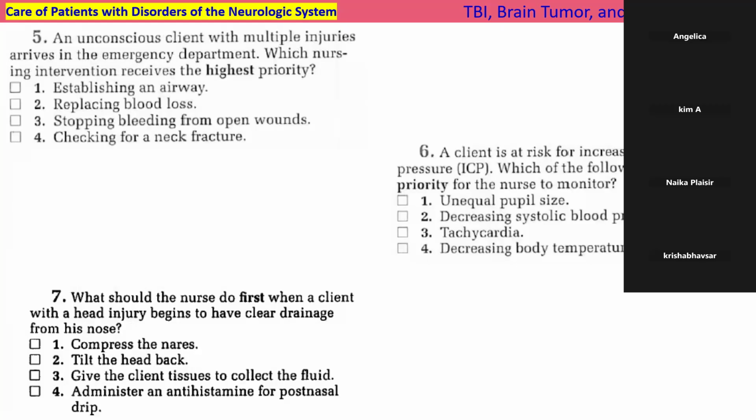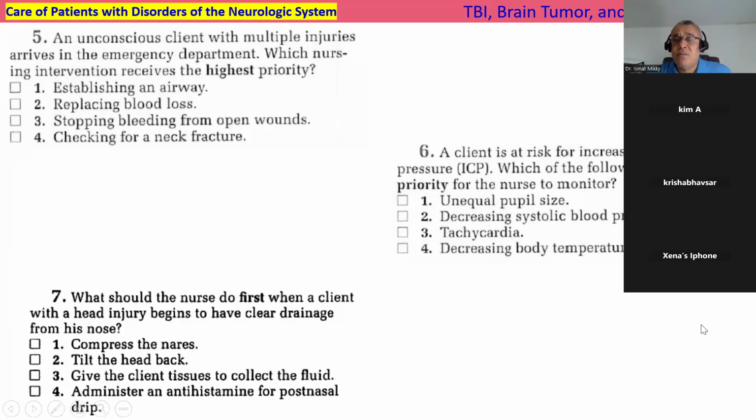Number 5. Who is ready to take the question? An unconscious client with multiple injuries arrives in the emergency department. Which nursing intervention receives the highest priority? Sometimes you have all the options, and the answer is always airway.